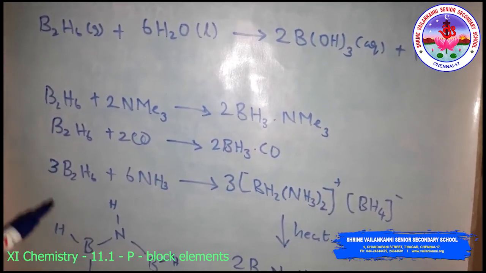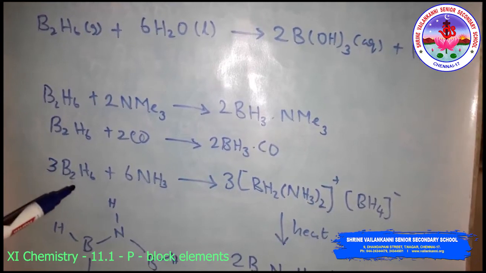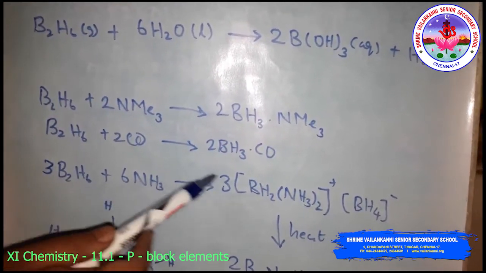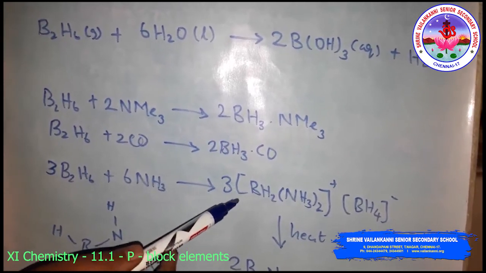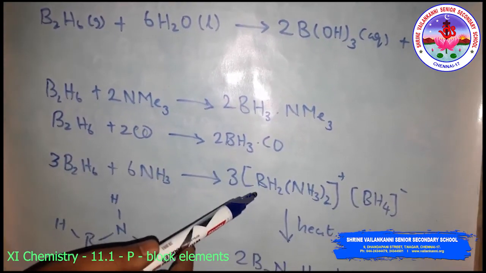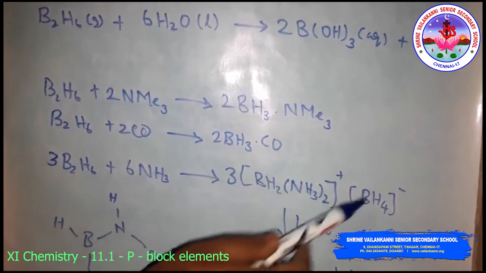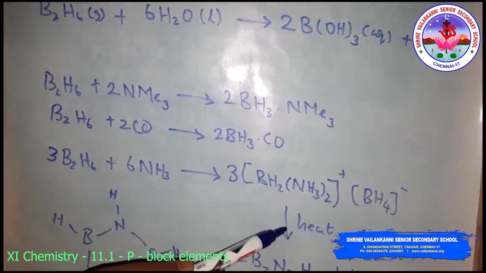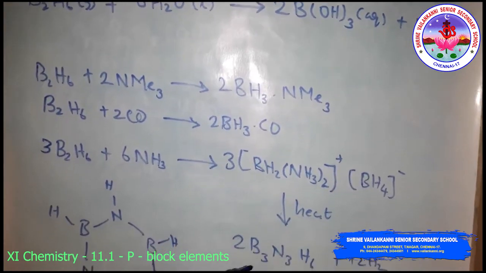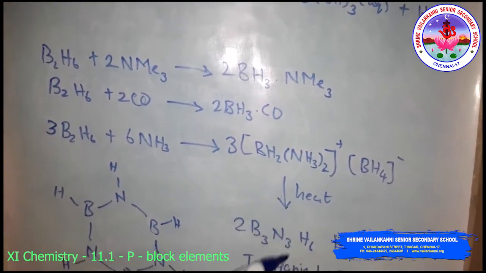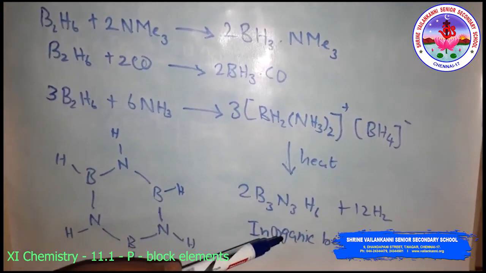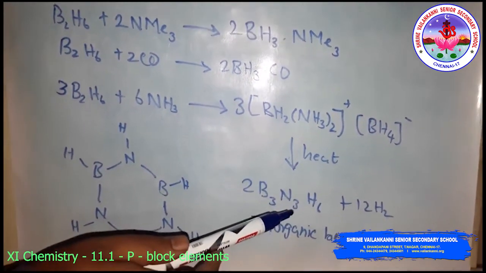Then the reaction of ammonia with diborane, initially you will get an adduct like this. Then you will get a complex like this. Then further on heating it gives borazine, which is also called inorganic benzene.